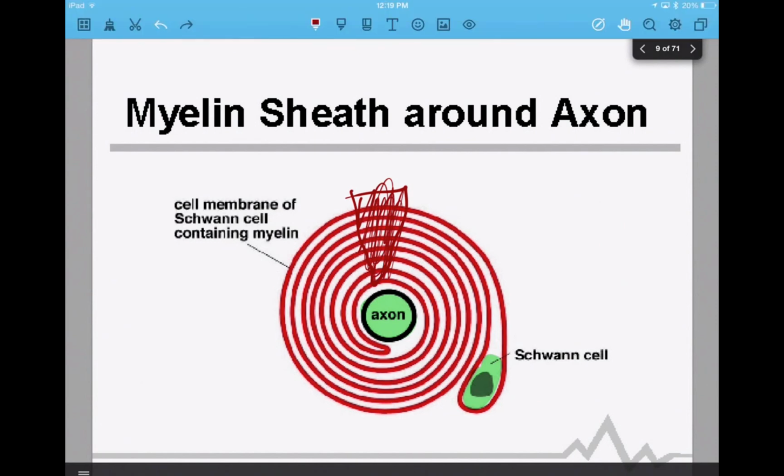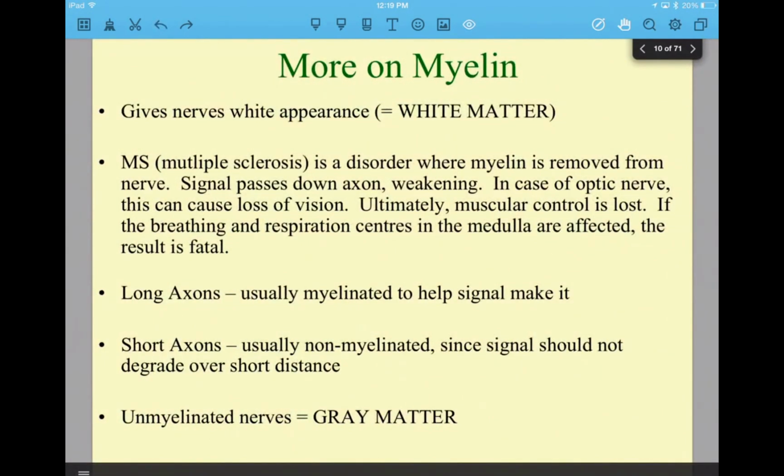It's very problematic over time, obviously, for survival because we need signals to get from our medulla oblongata to continue to autoregulate the heart, the lungs, and things like that. So myelin gives nerves this white appearance, which I talked about earlier, and that's called the white matter.